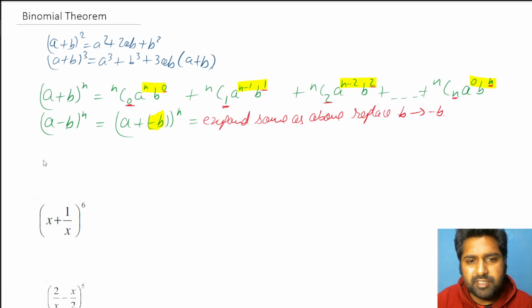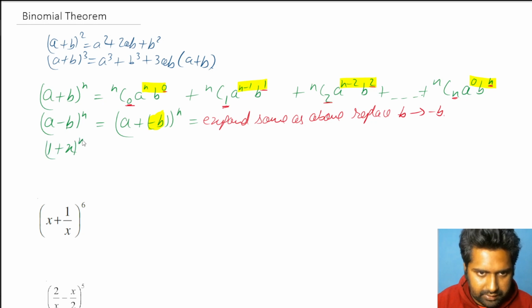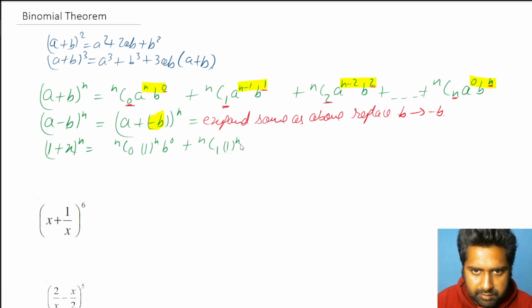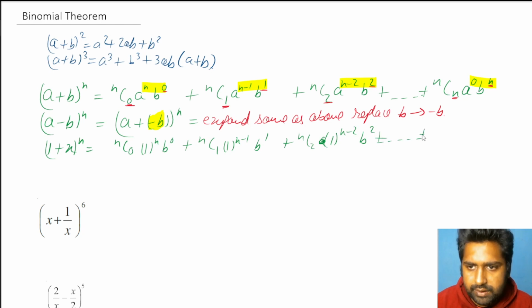Now one very cool expansion is regarding (1 + x) raised to power n. If your a is 1 and your b is x, then it becomes nC0 times 1 raised to power n, b raised to power 0, plus nC1 times 1 raised to power n minus 1, b raised to power 1, plus nC2 times 1 raised to power n minus 2, b raised to power 2, and so on, till nCn times 1 raised to power 0 and b raised to power n.